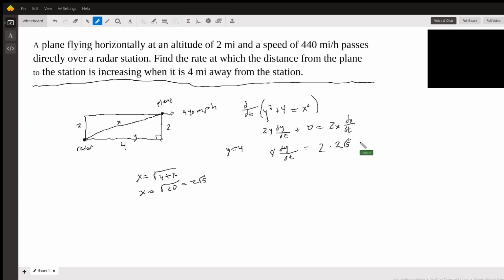And the rate at which y is changing has to do with the speed of the plane, and that's 440. So we can replace that in here.